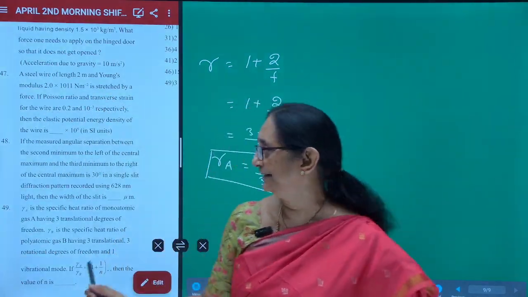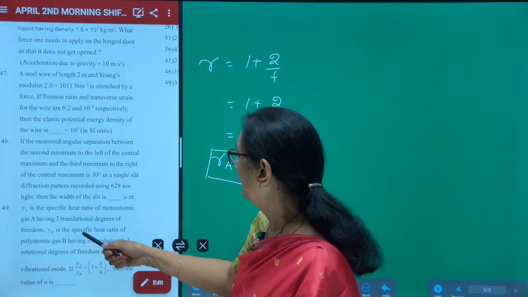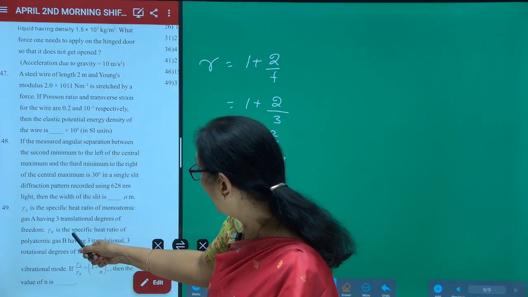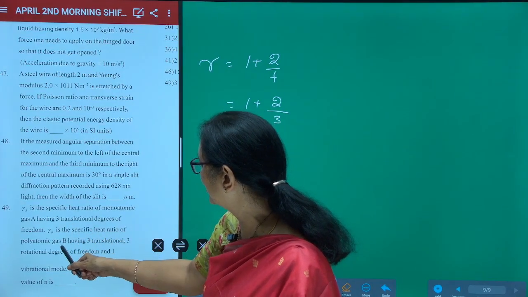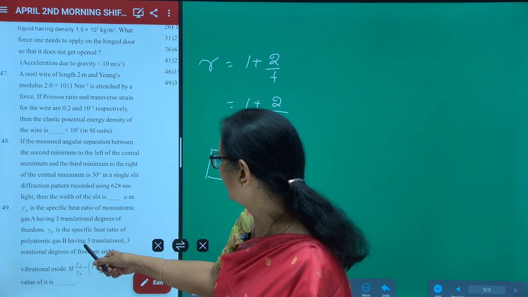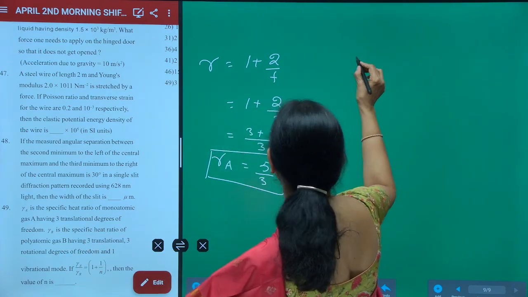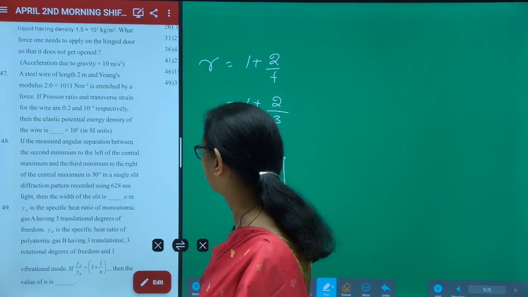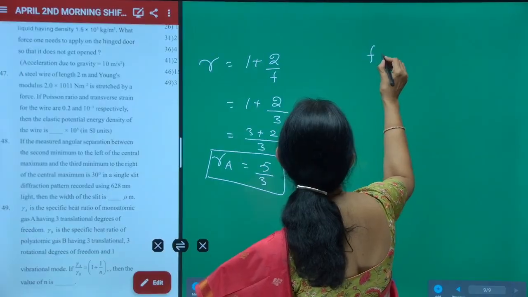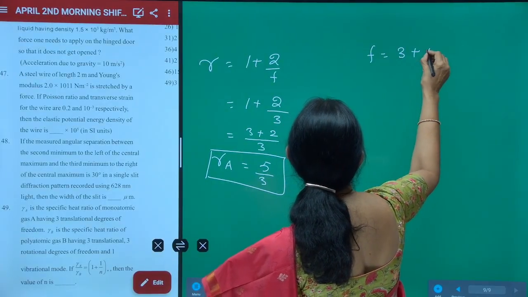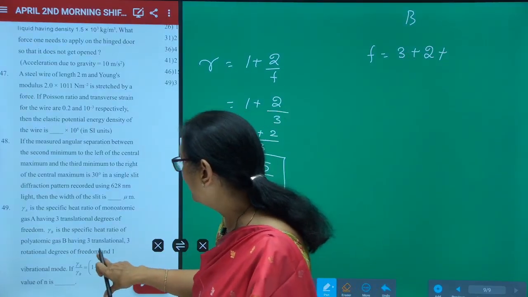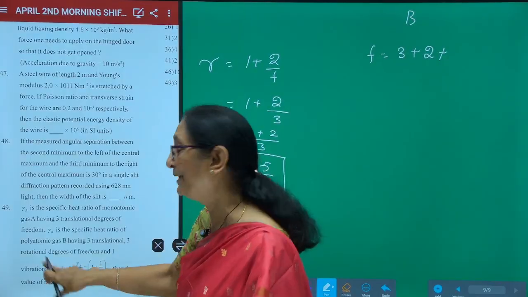And look at the continuation. Another gas having gamma B is the specific heat ratio of polyatomic gas having 3 translational degrees of freedom, 2 rotational degrees of freedom in case of the second gas, and 1 vibrational mode.